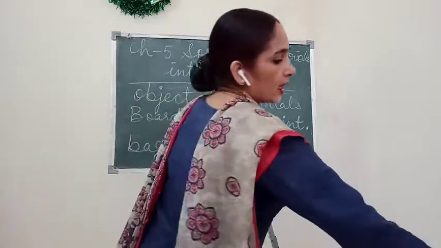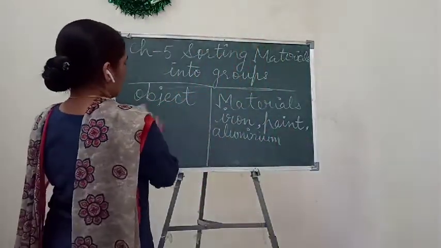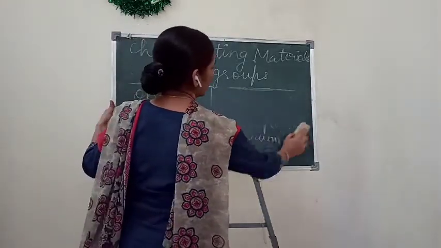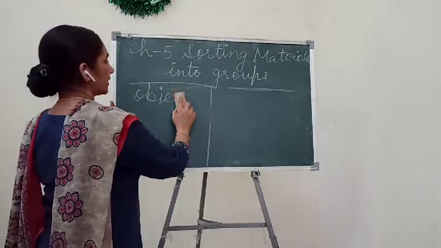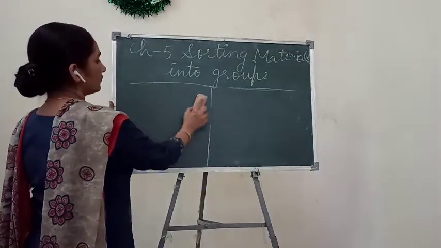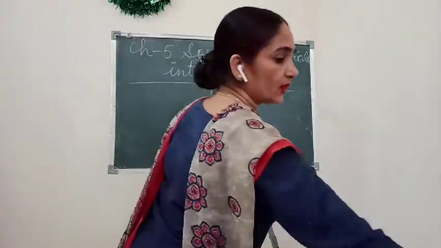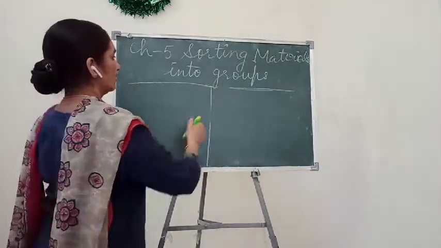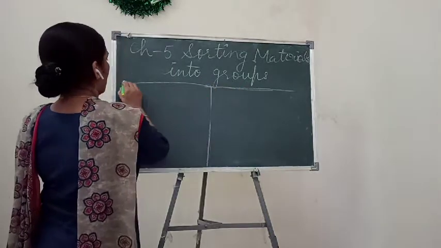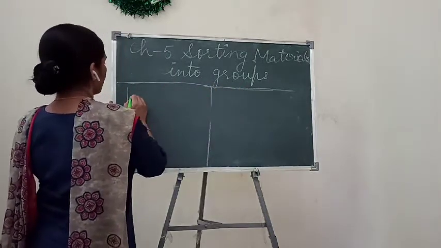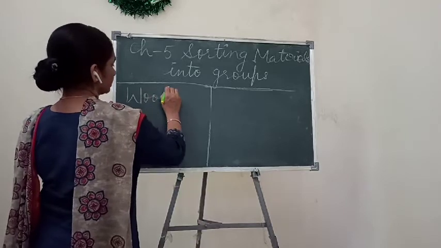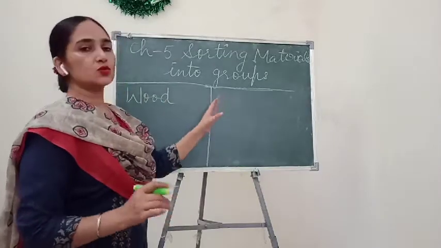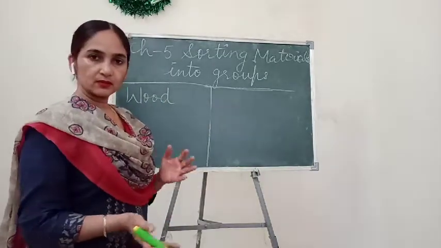Okay, children. So here one way is this one, that we can say that one object is made up of many kinds of materials. In the same way, we can say that a material, suppose here I am talking about wood, is also used to make different things.